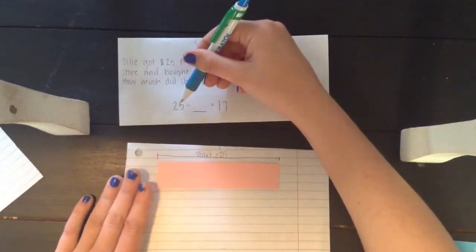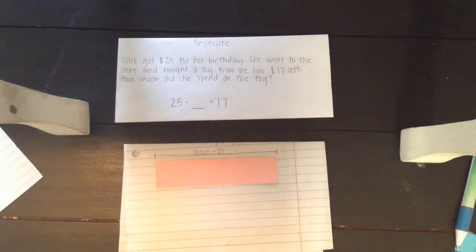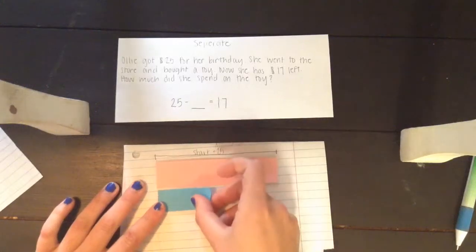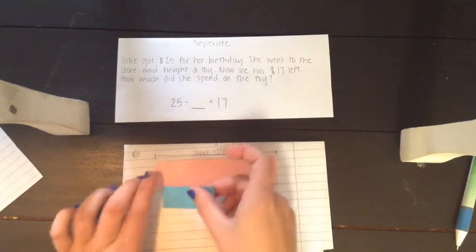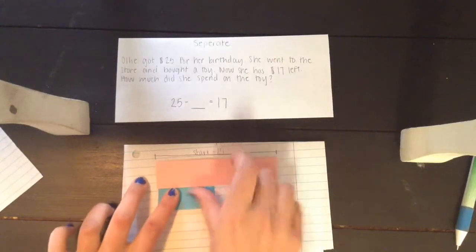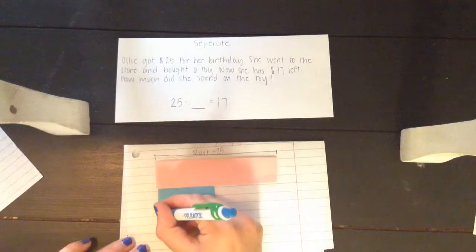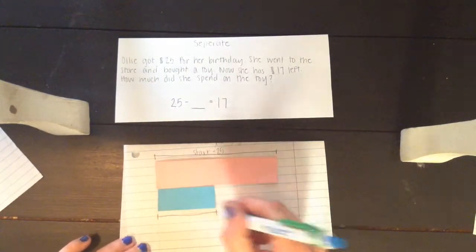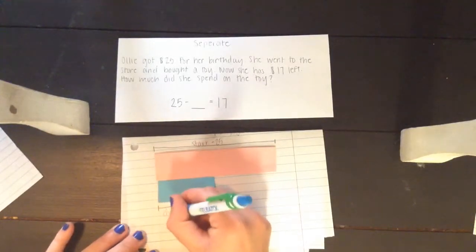This is our start value. And then we're taking away an unknown. So I'm going to represent that unknown underneath my start value. Now you can put it over. I prefer putting it underneath so that I can see both colors still. So this is our change that's occurring. And again, I'm going to represent this change by x, our unknown variable.